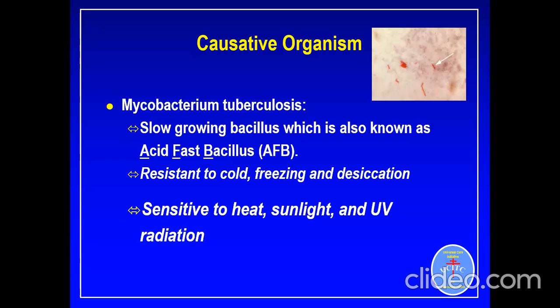The dye gets adsorbed onto the thick mycolic acid cell wall, and even after decolorization with acid and alcohol, the dye remains, and therefore it is seen as these rod-shaped red particles in this smear examination. So that's why it is known as acid-fast bacilli.